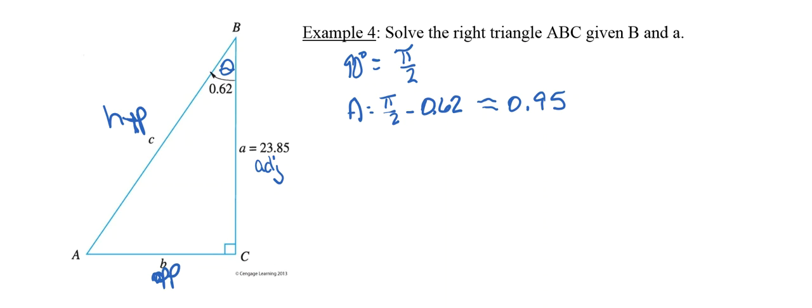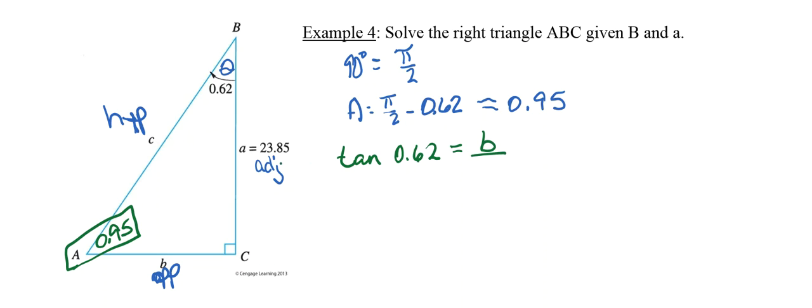So I now know angle A. So 1 down, 2 to go. I tend to find things in alphabetical order, but it truly doesn't matter. If I have opposite and adjacent, because I know the adjacent, I'm looking for the opposite, that is tangent. So I'm going to try and set up my trig function. Tangent of 0.62, again I'm making sure my calculator's in radians. It's opposite over adjacent.